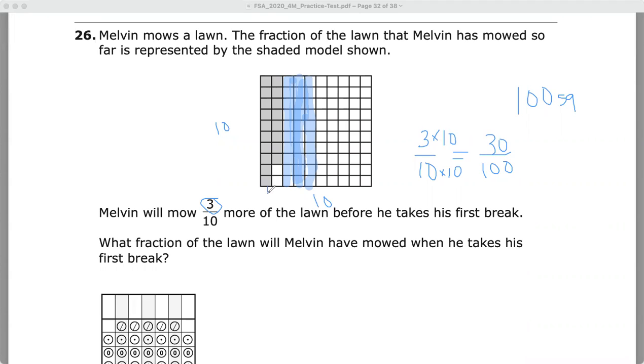That would be 1, 2, 3, 4 full rows of 10, or 40, right? And then this row has 8 shaded in. So 40 plus 8 is 48 squares shaded in, or 48 parts of the lawn complete.